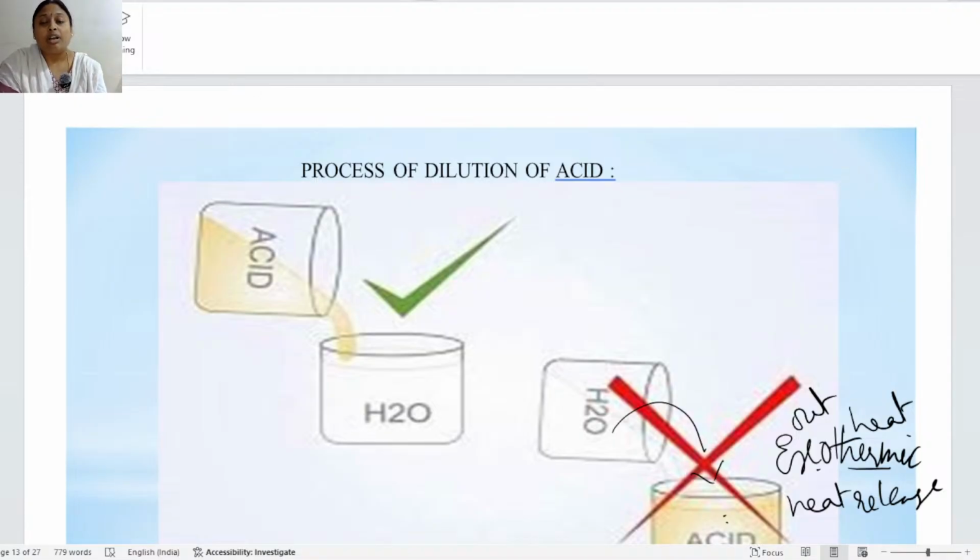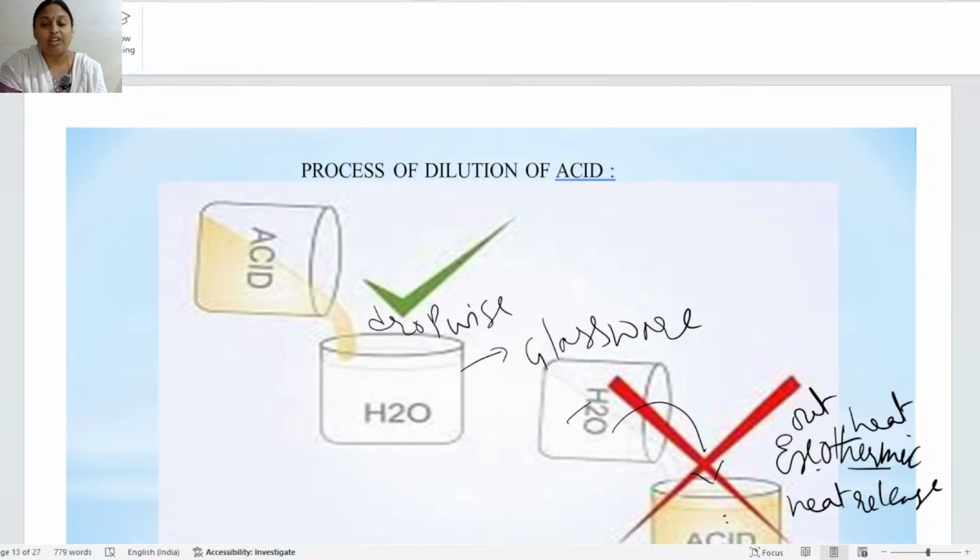We can do it like this also, but why do we add acid to the water drop wise? Because in the chemistry laboratory we mostly use glassware.